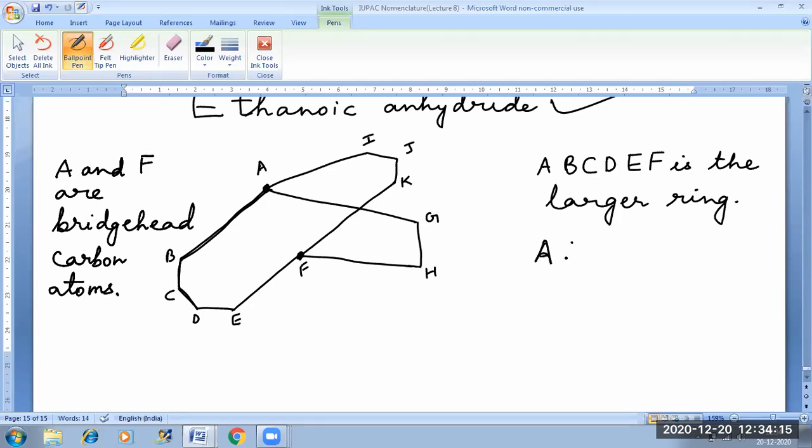That is one possibility. That could be the smaller ring. Or I have A, I, J, K, and then F.